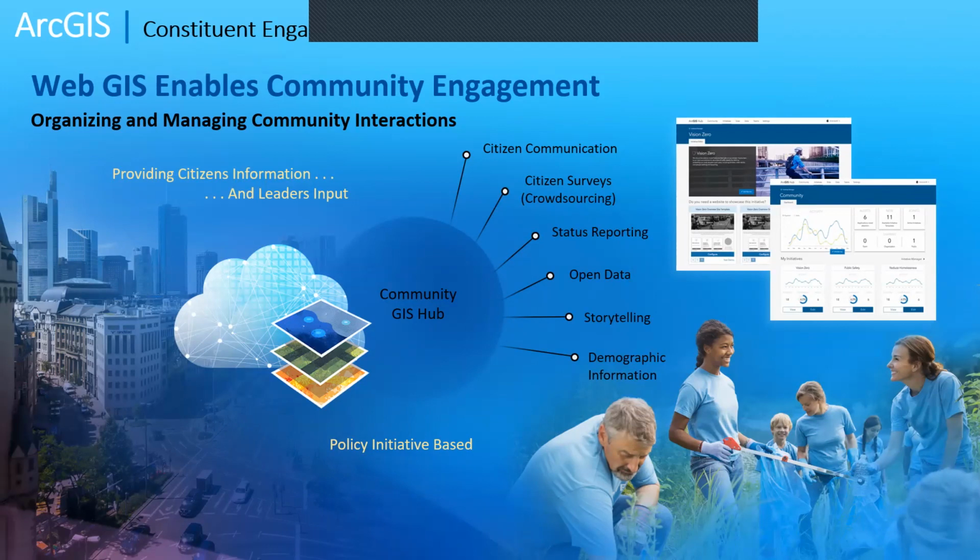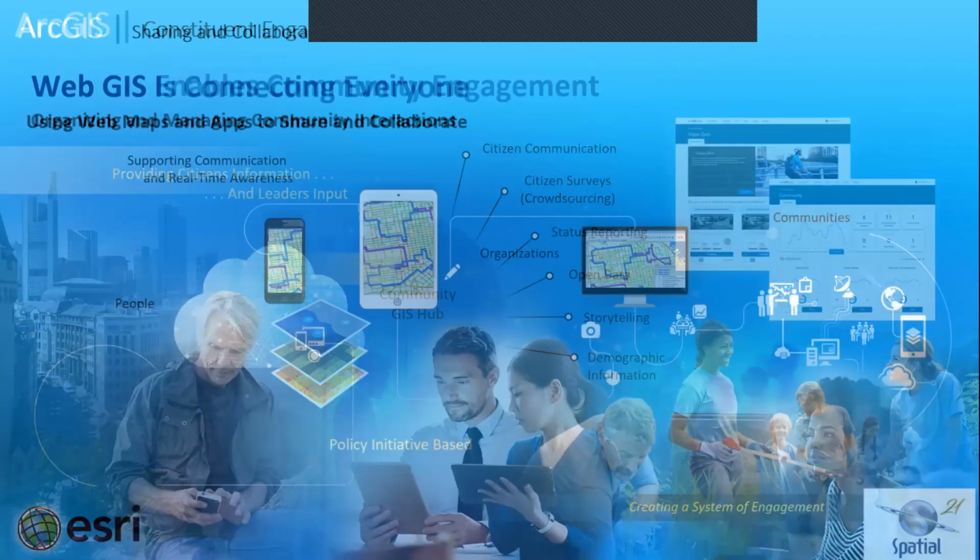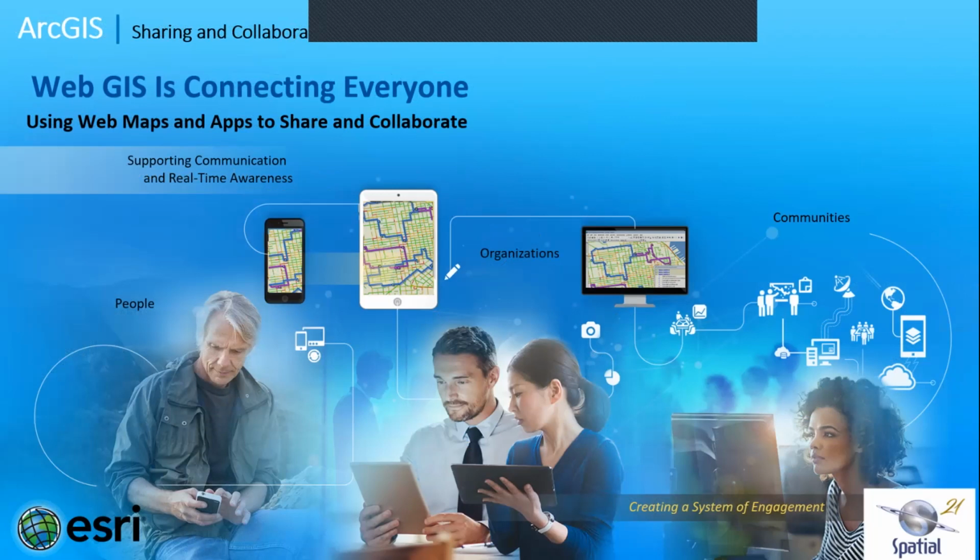Don't you want more information about the city or the community that you're living in? Then the GIS Hub will help you with that. Esri has been working very hard on the technology and around policy initiatives where you can stand up with GIS a set of policy initiatives that communicate with citizens and get their feedback, and can do crowdsourcing engagement. So GIS has only just begun.